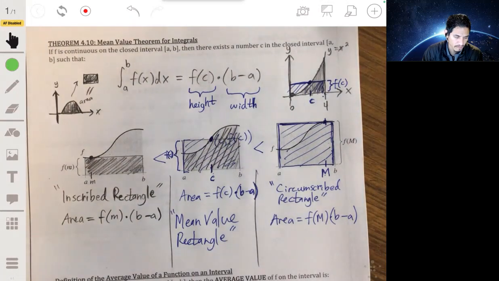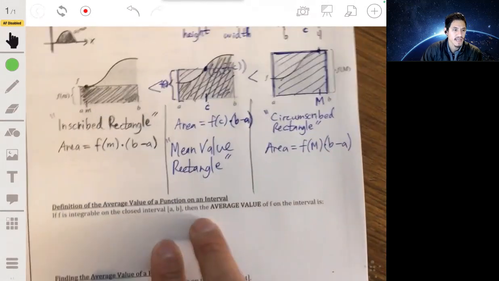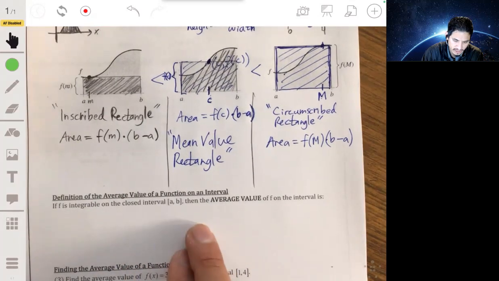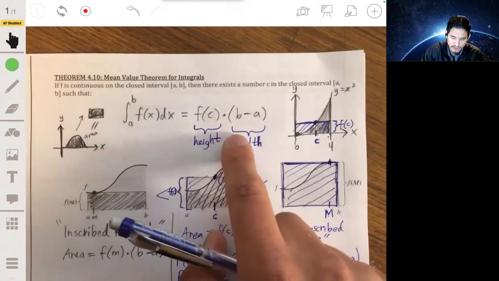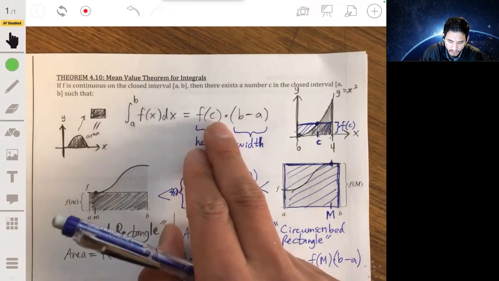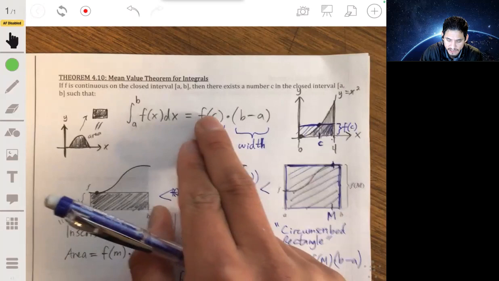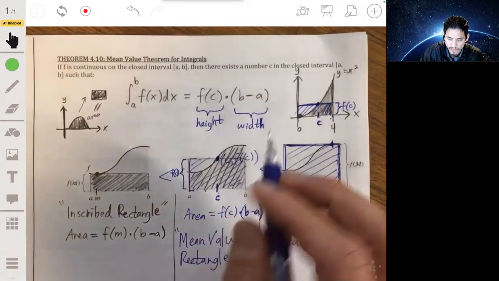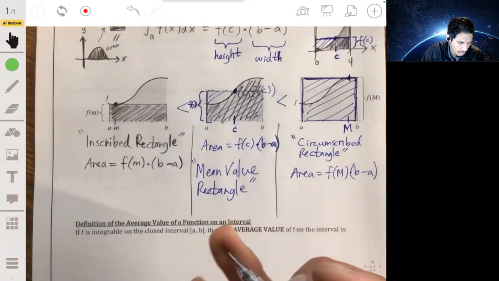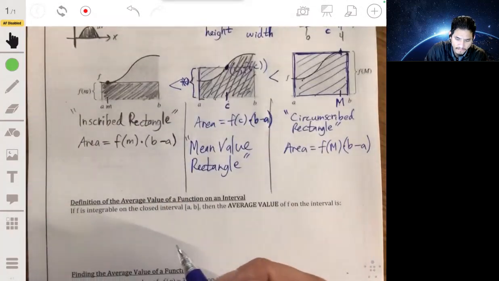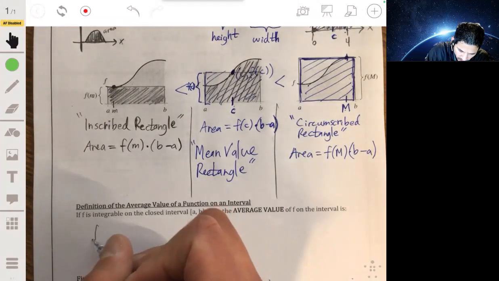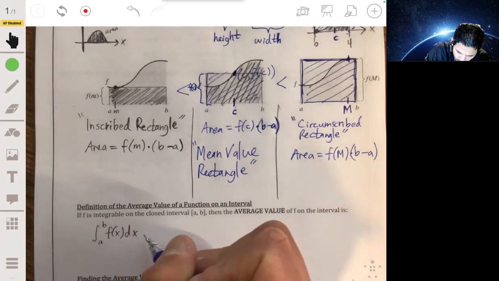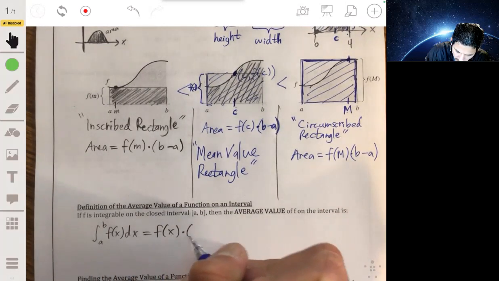Now using this, we can extend it and get the definition of the average value of the function, which is essentially just that f of c, because you can isolate f of c by dividing both sides by b minus a. So we have the integral of f of x dx equals f of c times b minus a.